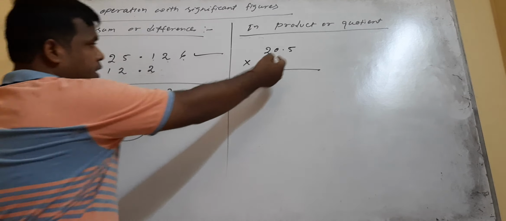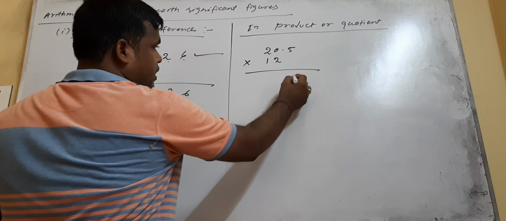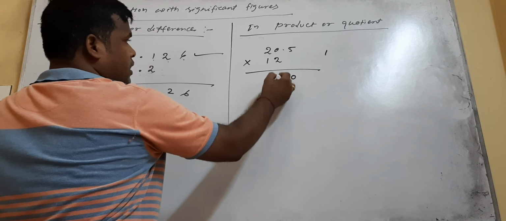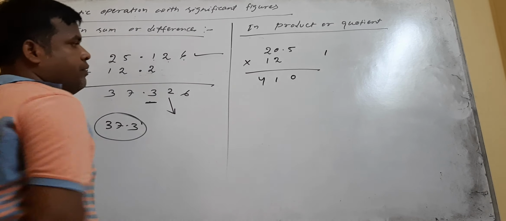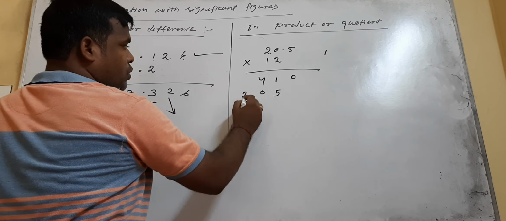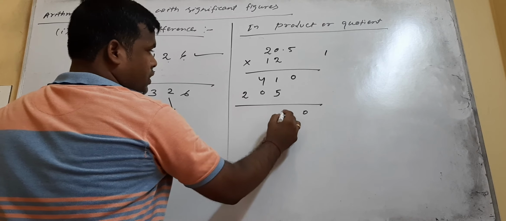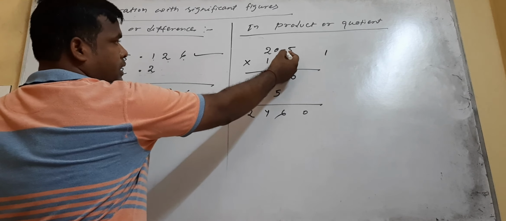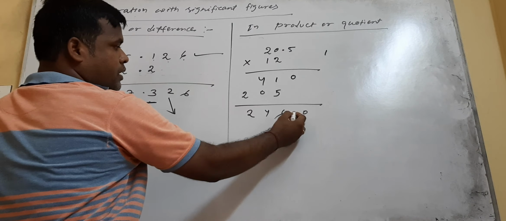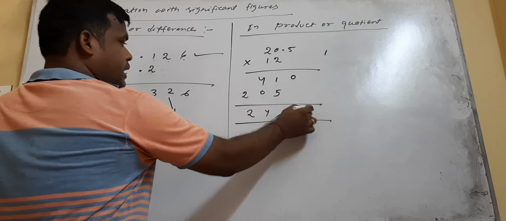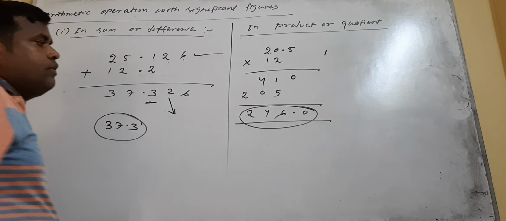Now you multiply these two. Here is the decimal point. So the result is 246.0.